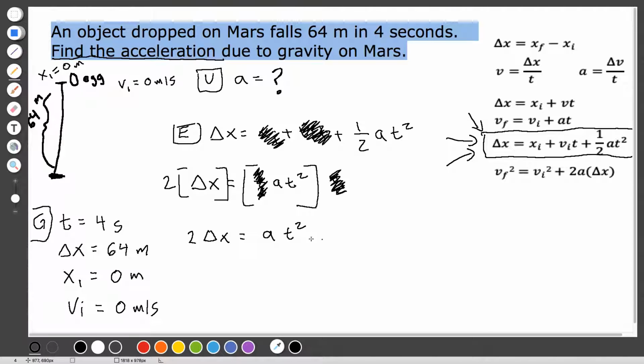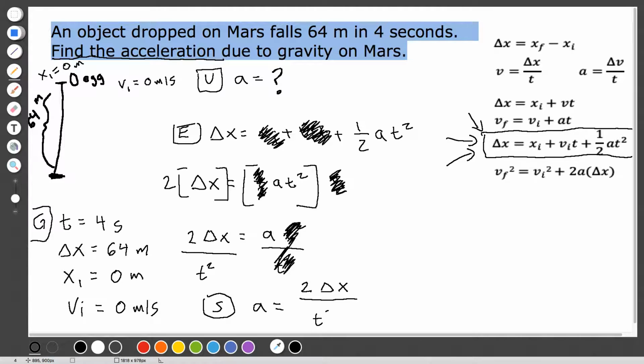Alright, still need to get a by itself, so let's divide both sides by t squared. And these t's cancel each other out. So now we got a by itself. And so we have a equals 2 times delta x over t squared.